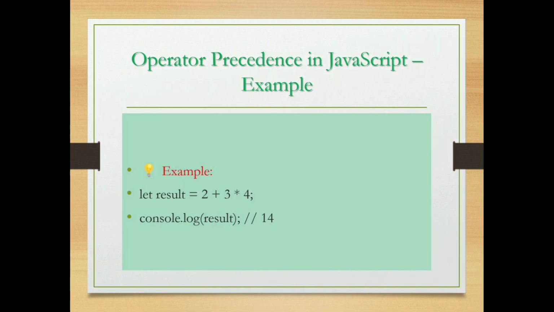Here I am taking a result like 2 plus 3 into 4. First it takes only the higher precedence, 3 into 4, and then adds 2. Next I am printing the result, and it displays 14 because it takes the higher precedence first and then the lower precedence. Next we will see the execution of this precedence.